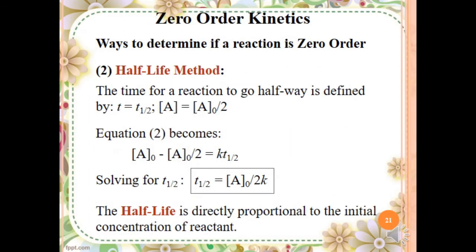Now the second way to determine if a reaction is zero order is by using the half-life method. The half-life method means the time for a reaction to go halfway, so that means t is t half.